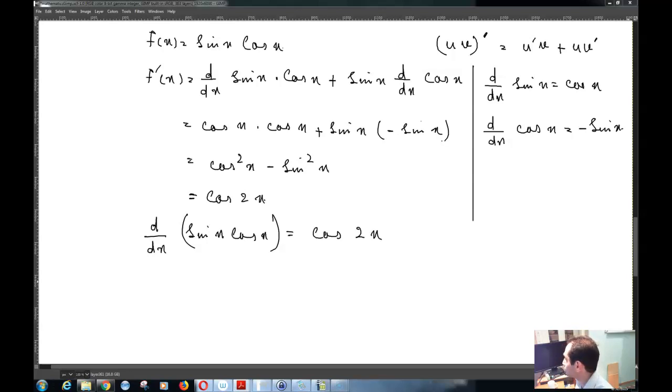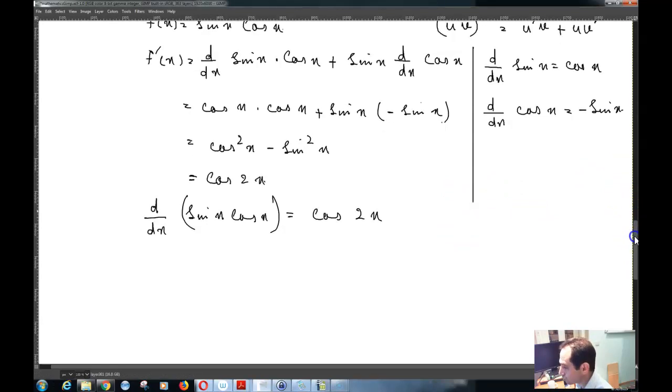Remember, the next one, for example, is d by dx of secant x. I suppose we have this already, although I don't remember really. d by dx of tan x we already did.